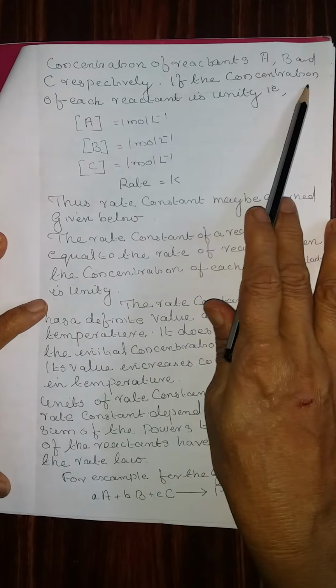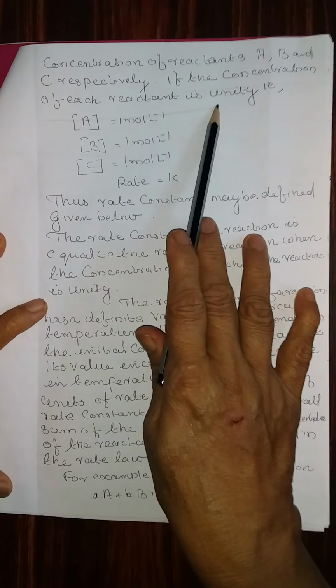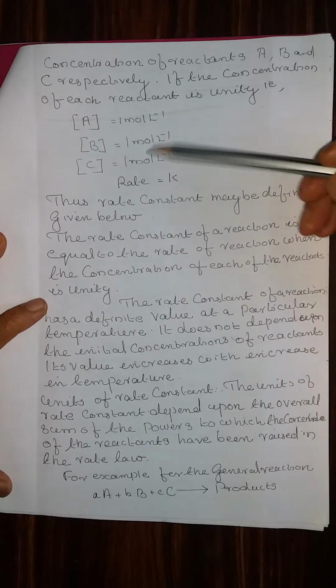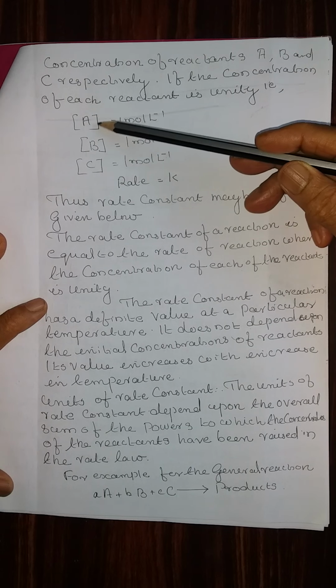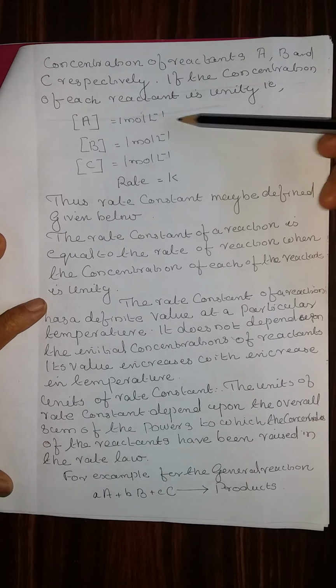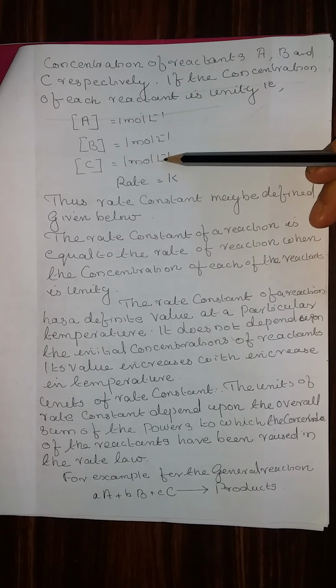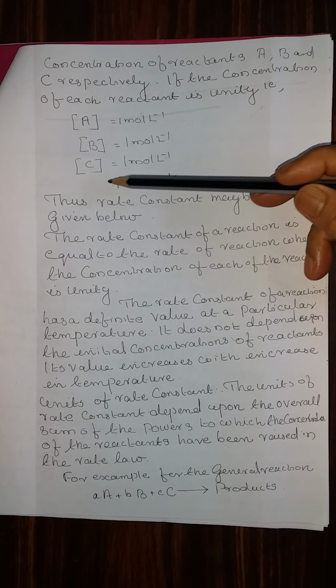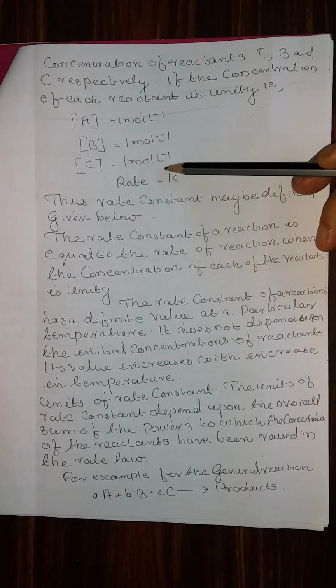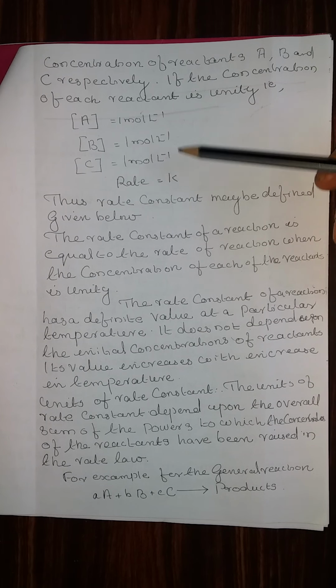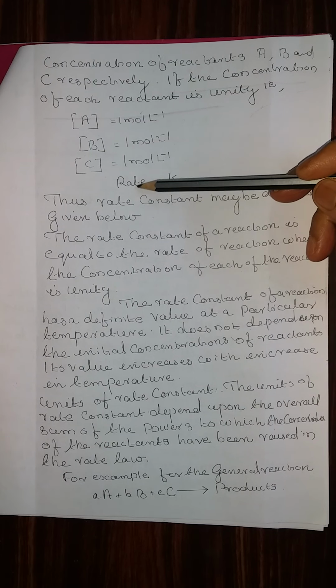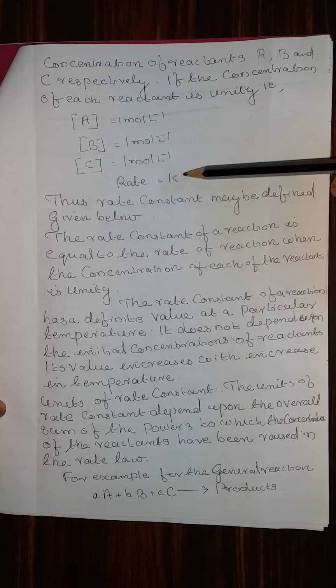If the concentration of each is unity, we are going to consider that the concentration of A is equal to 1 mole per liter, concentration of B is equal to 1 mole per liter, and concentration of C is equal to 1 mole per liter. In that case, rate is equal to k.